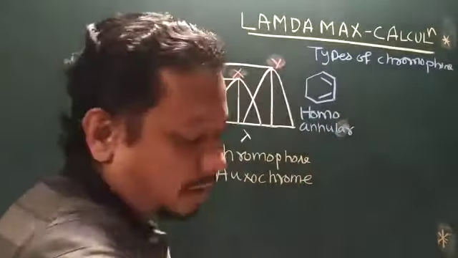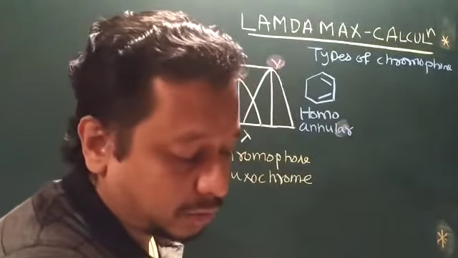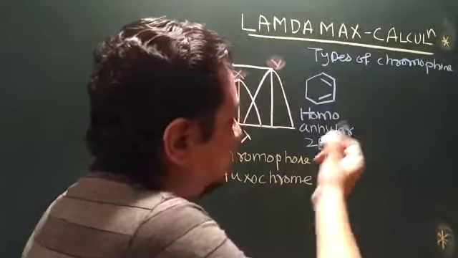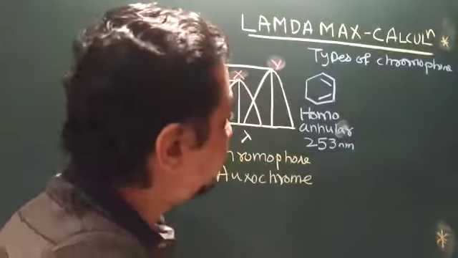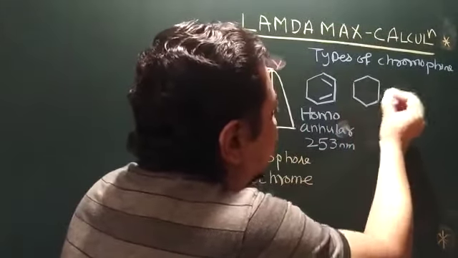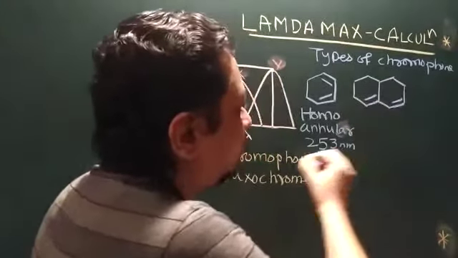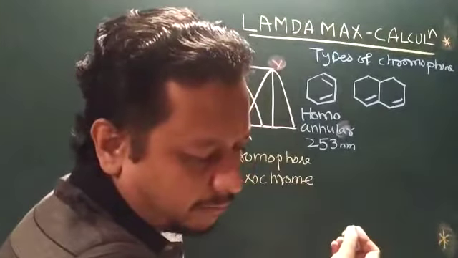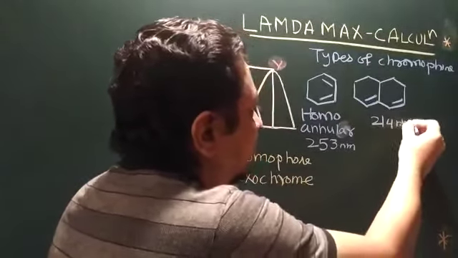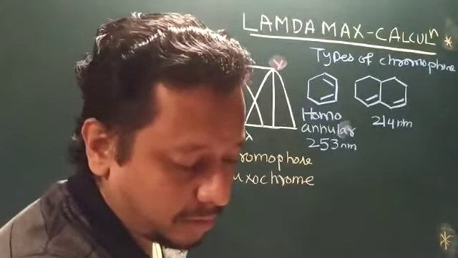The basic value of a homoannular diene is 253 nanometer. Then if you have the double bonds in two different cyclic structures, it is known as a heteroannular diene, whose basic value is 214 nanometer. That is the base value that we have to remember.